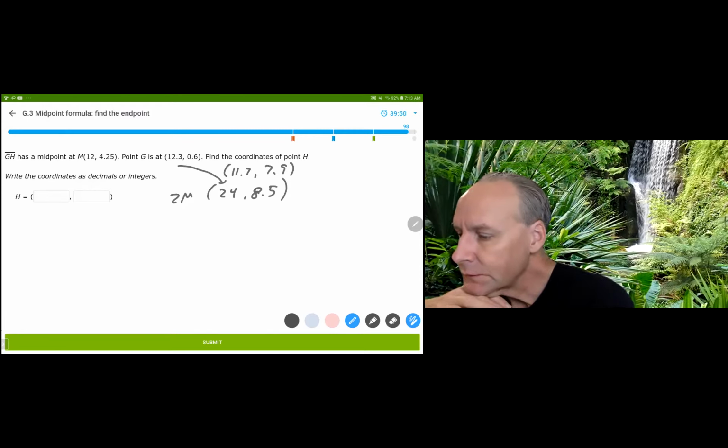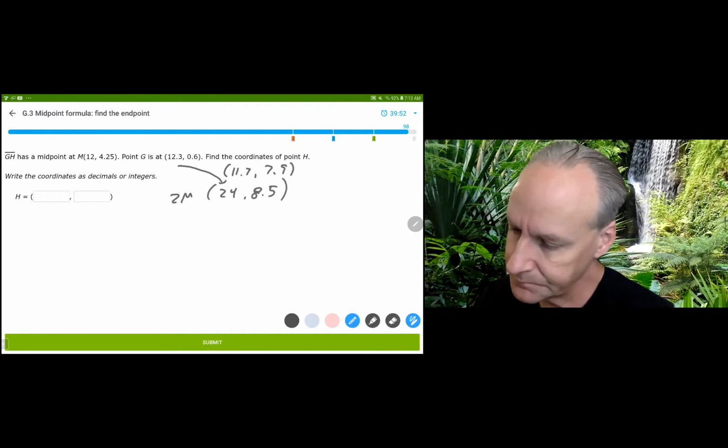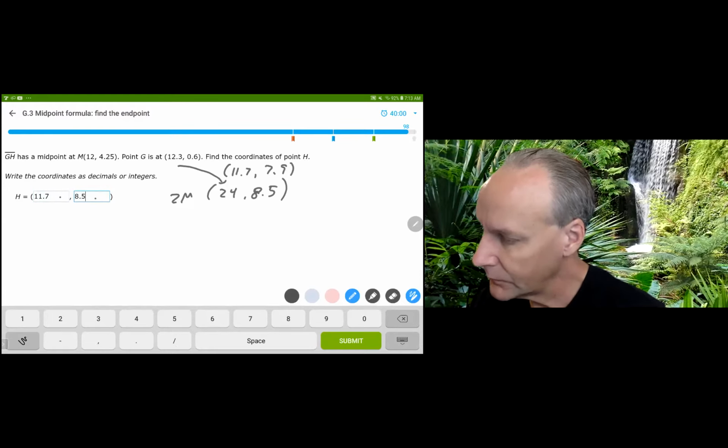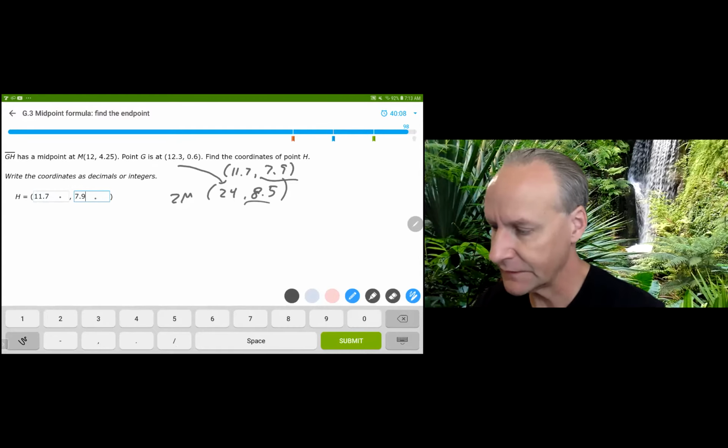That looks good. All right. Oh, no. There, I did the same mistake I made before. 7.9 was the point I need to get to the midpoint, isn't it? Looks good.